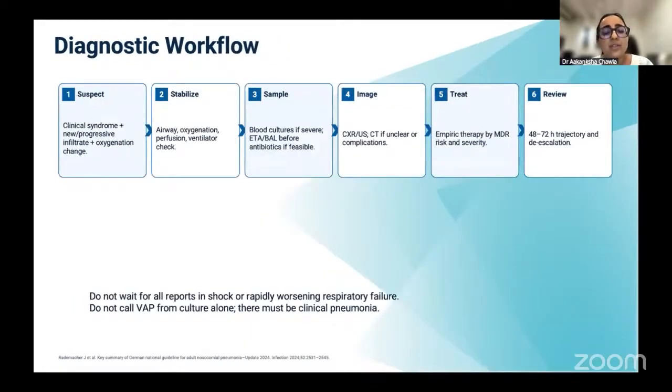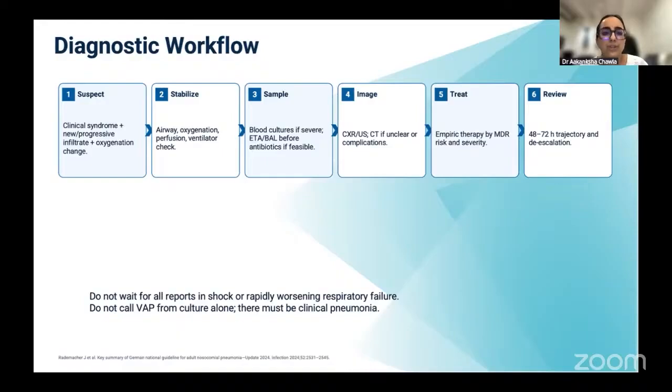So what would your diagnostic workflow look like? You have a patient with the specific clinical syndrome. You look at the radiology, the oxygenation change, the imaging, and then you decide that you're suspecting a HAP or VAP. You stabilize the patient, you take care of the airway, breathing, circulation, send appropriate samples. Remember, when the patient is very sick, do not delay therapy in order to send samples.